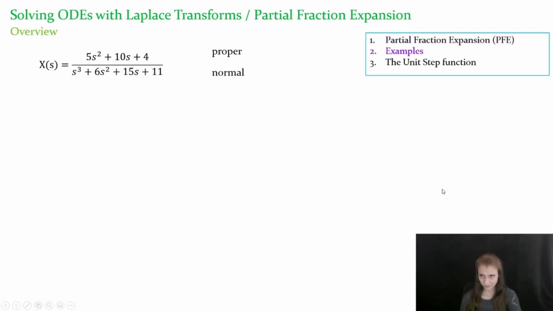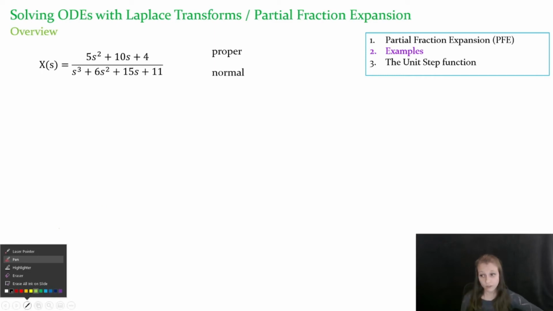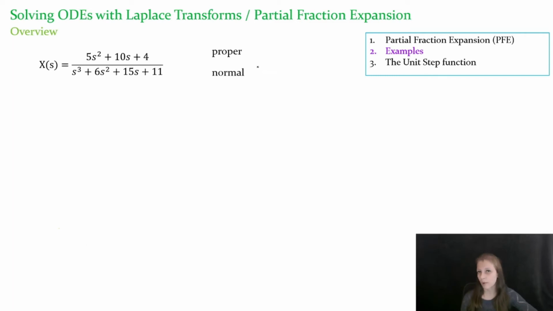Okay, so next I have a couple examples to hopefully help you better understand proper and normal form. So let's look at example 1. I see that the maximum power in the numerator is 2, and the maximum power in the denominator is 3. So therefore we are in proper form because 2 is less than 3.